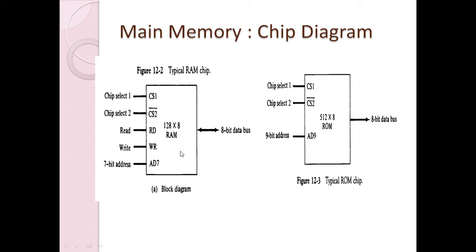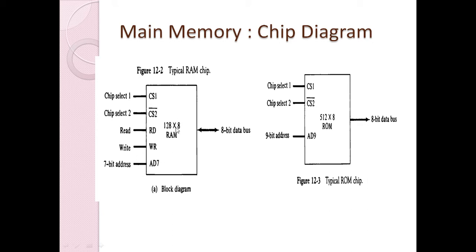This is a RAM where read and write signals are there, and the address bits are 7 bits, because it has 128 words, and 128 is equal to 2 to the power 7. So 7 bits of address are required.